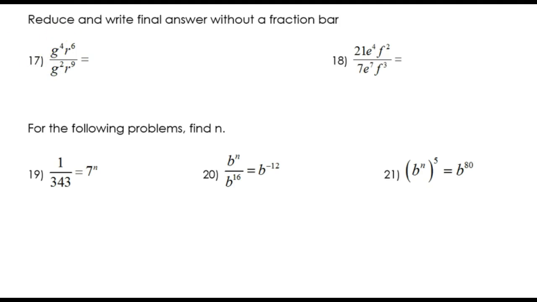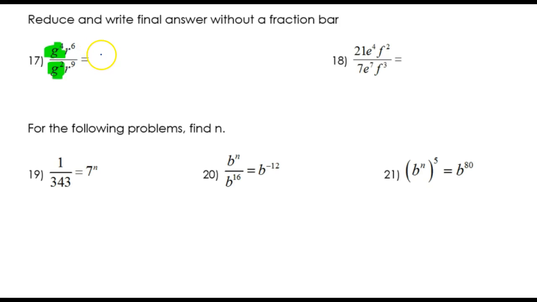Okay, number 17. G to the 4th, r to the 6th, divided by g to the 2nd, r to the 9th. Start with the g's. G to the 4th divided by g to the 2nd.